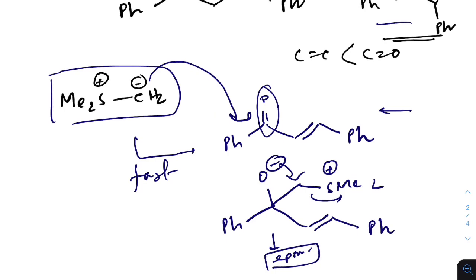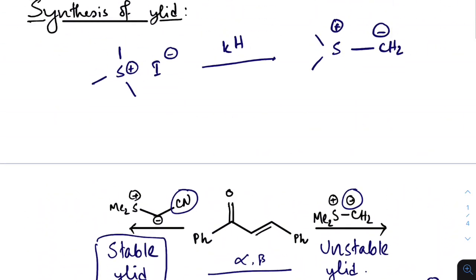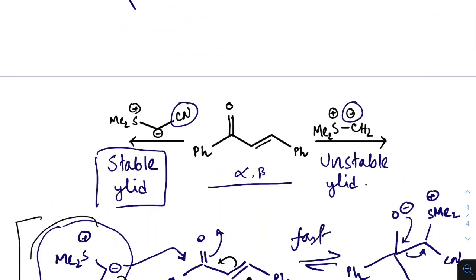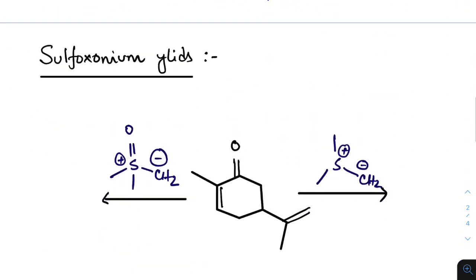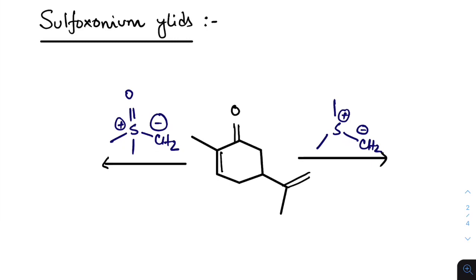So there are two products. One is like this and another is the epoxide, and you have to remember that one is thermodynamically controlled and another is kinetically controlled. So this was the basic fundamental concept.